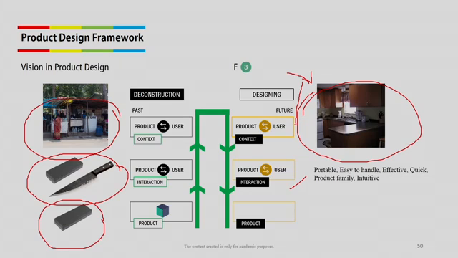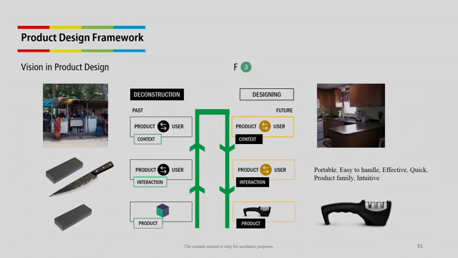For example, it should be portable, easy to handle, effective, quick. As a product family, it should go with the other products in the kitchen, and it should have affordance, so people use it intuitively. So, what should the product be? For example, it should be like this: it is handy, people can hold it very nicely and use it intuitively.